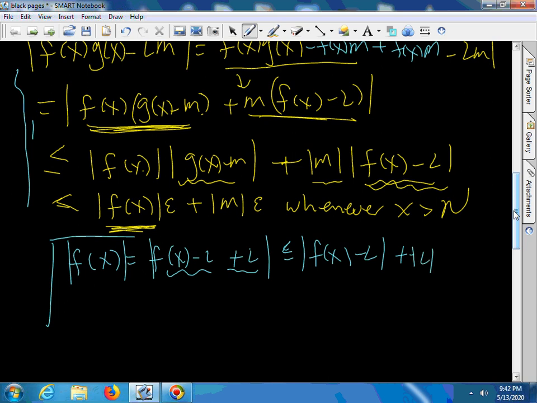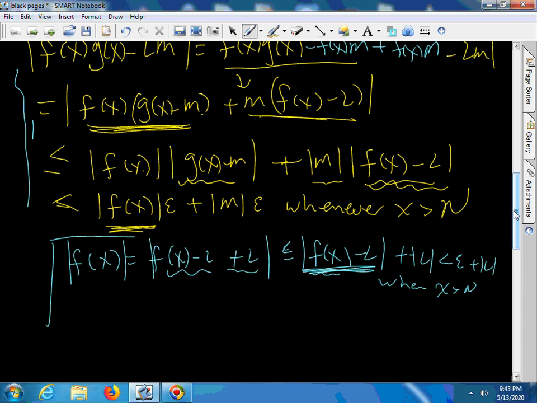of L. But now, this is less than epsilon plus the absolute value of L. It's less than epsilon whenever x is bigger than N. Okay?